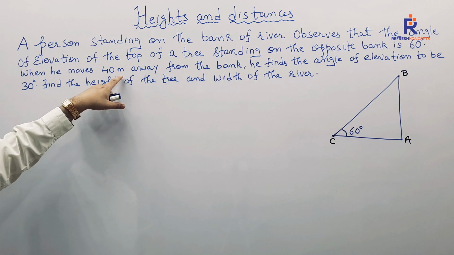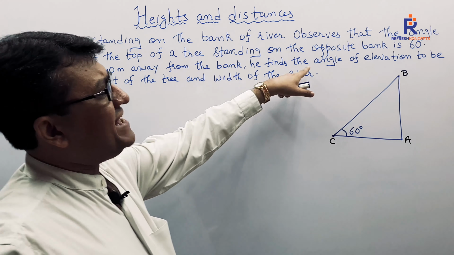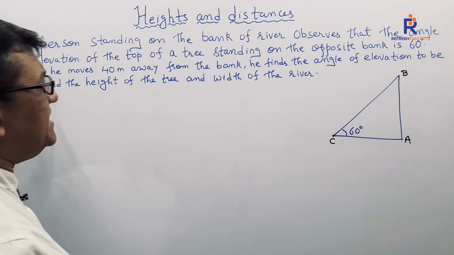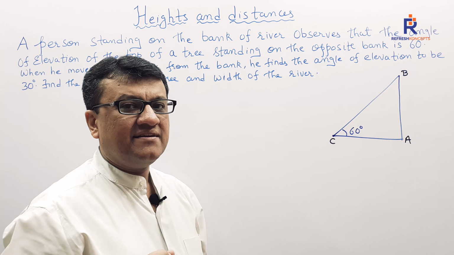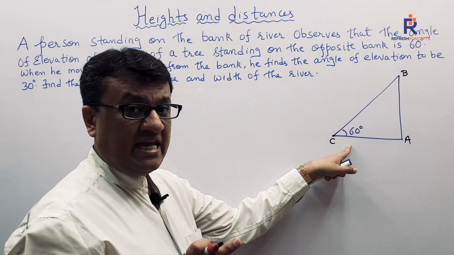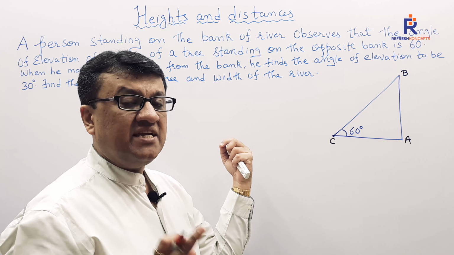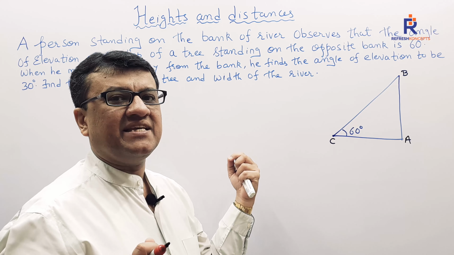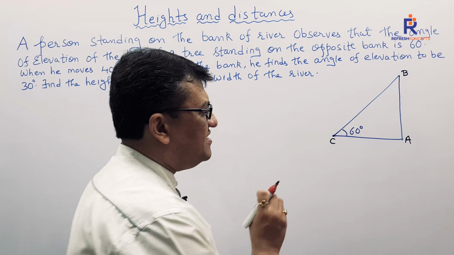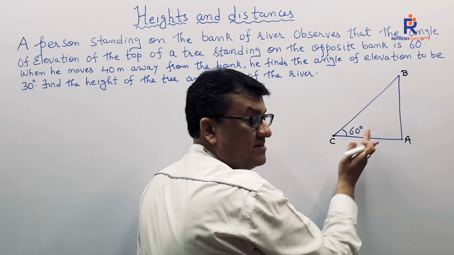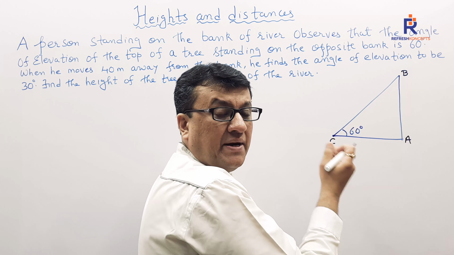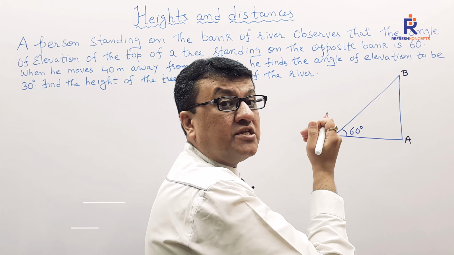When he moves 40 meters away from the bank, he finds the angle of elevation to be 30 degrees. So is the angle of elevation increasing or decreasing? The angle of elevation earlier was 60. Now on moving 40 meters away, the angle of elevation is decreasing. So children, it is very logical that if I move 40 meters here, the angle of elevation will increase. It is going to be more than 60. But here it says the angle of elevation is 30.